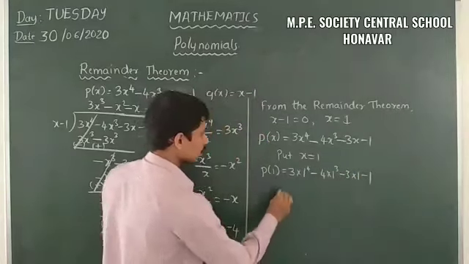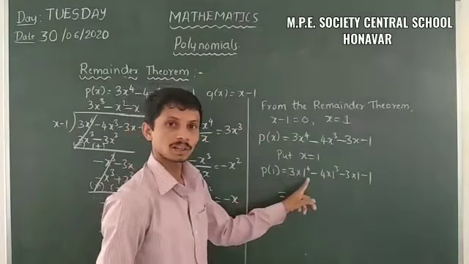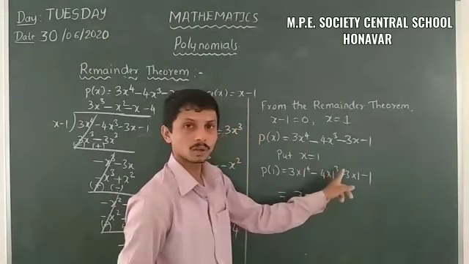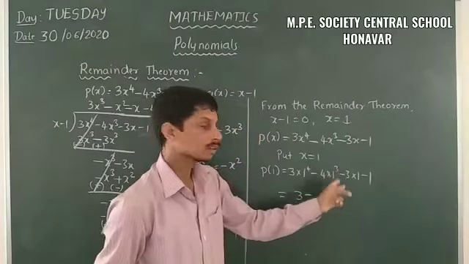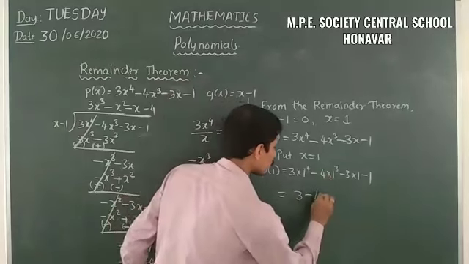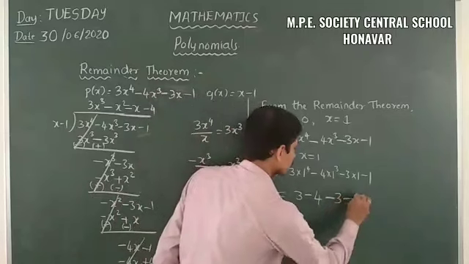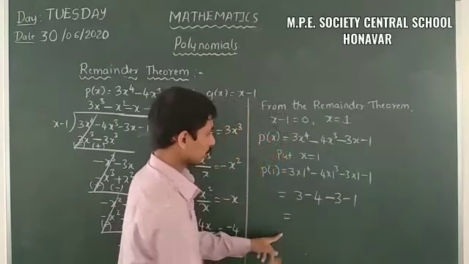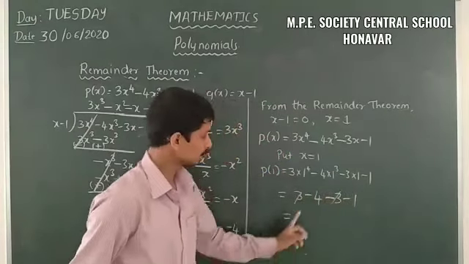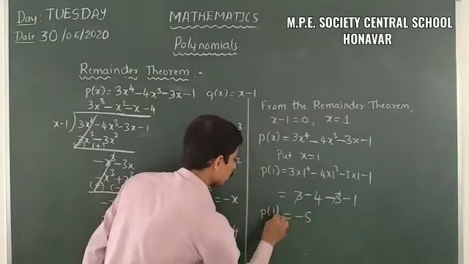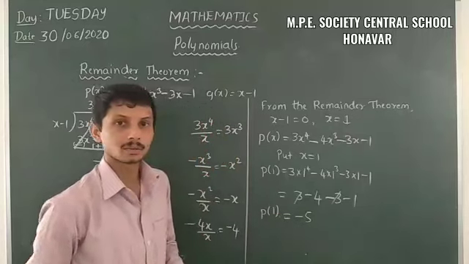Here 1 raised to 4 means 1, so 3 into 1 is 3, minus 4 into 1 cube, 1 cube means 1, so 4 into 1 is 4, minus 3 into 1 is 3, minus 1. So 3 minus 3 gets cancelled. Minus 4 minus 1 is equal to minus 5. That means p of 1 is equal to minus 5.